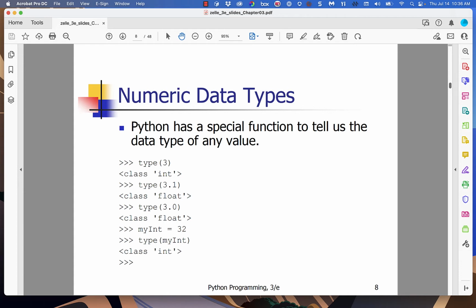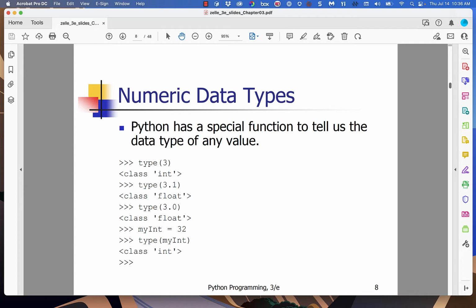This isn't typically the way that we write or run programs, but it's a great way to experiment when we're learning. So if we ask for the type of the literal value 3, well, it's an int. The type of the literal value 3.1 is a float.